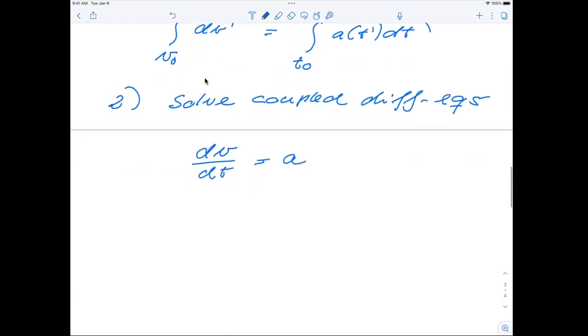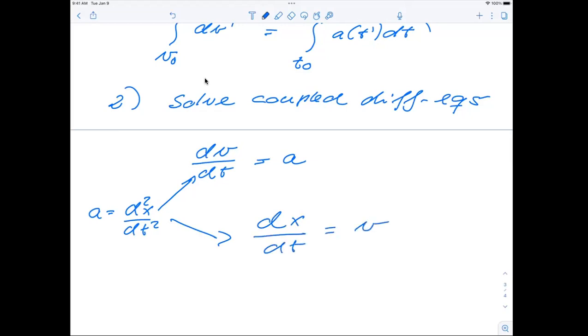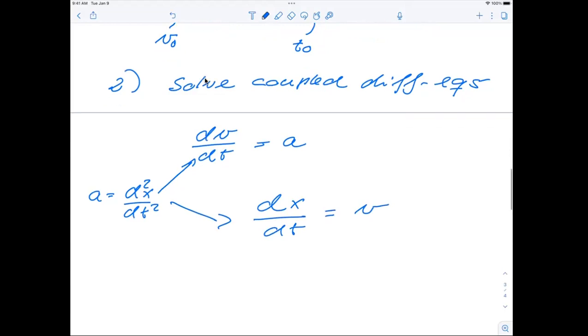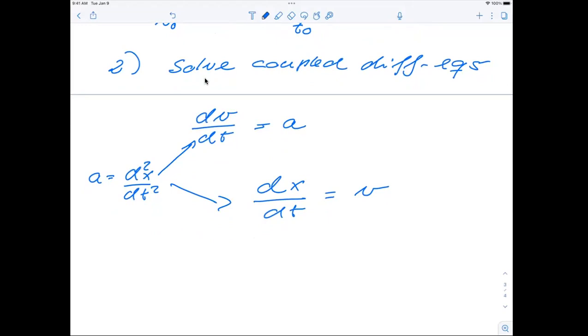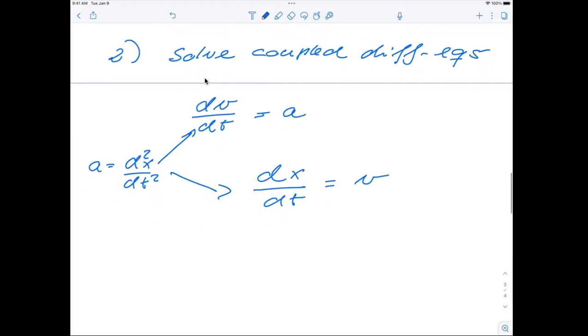We started from an acceleration, which is given by dx/dt, and I'm just simplifying everything to 1 dimension. And we would rewrite that in terms of 2 coupled first-order differential equations. And then we have 1 for position and 1 for velocity, like this. So 1 derivative for position and 1 derivative of velocity. And then we would solve this as coupled differential equations.